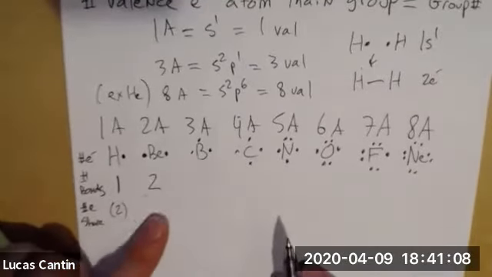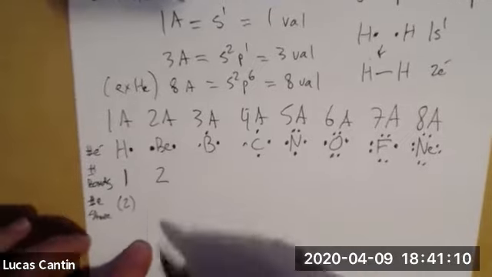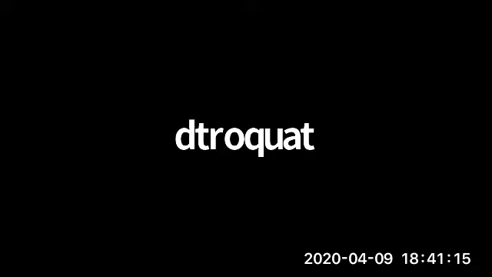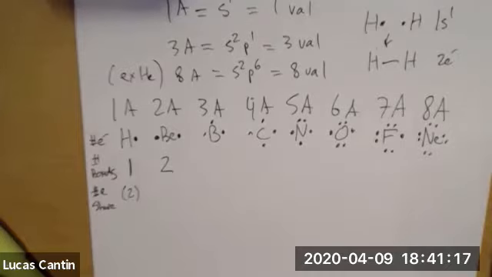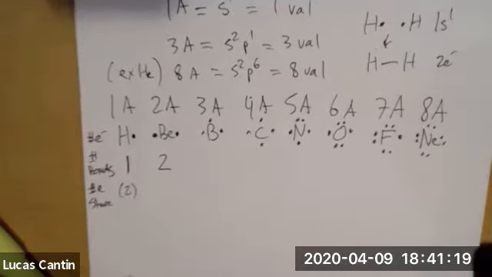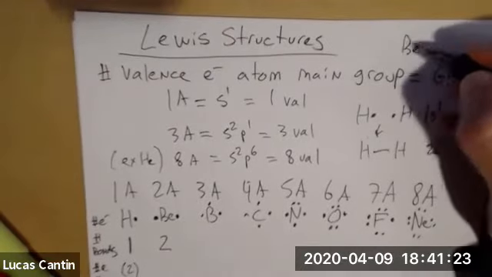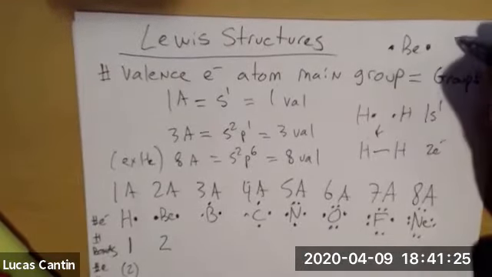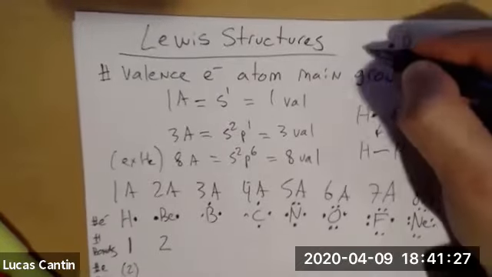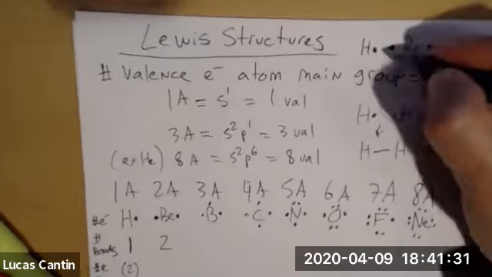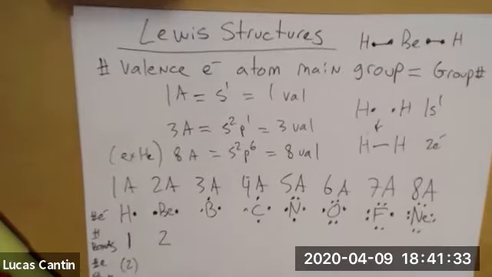But what about beryllium? If we get 2 bonds, how many total electrons would we have? 4, right? Let's draw a diagram. Beryllium has 2 electrons, and then it's going to share, let's say with hydrogen, and now the beryllium's counted as having 4 by sharing.